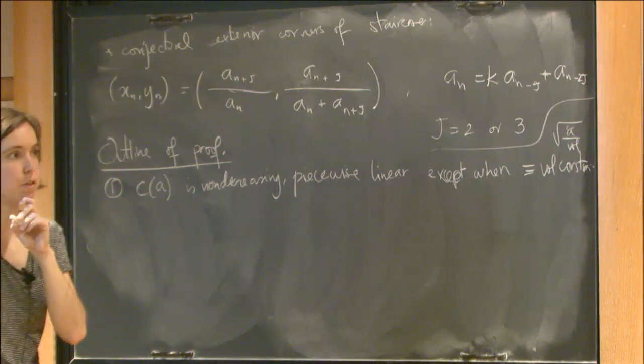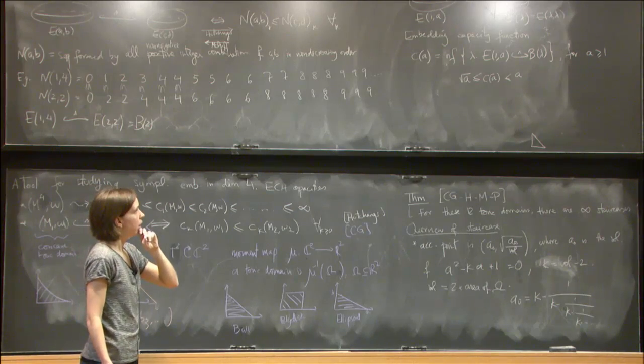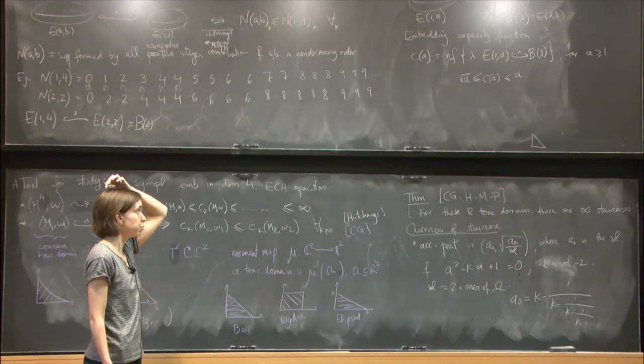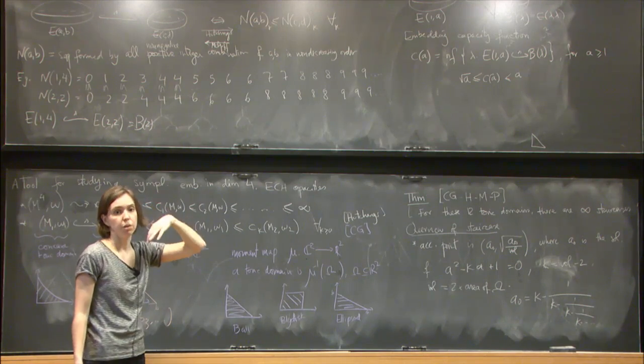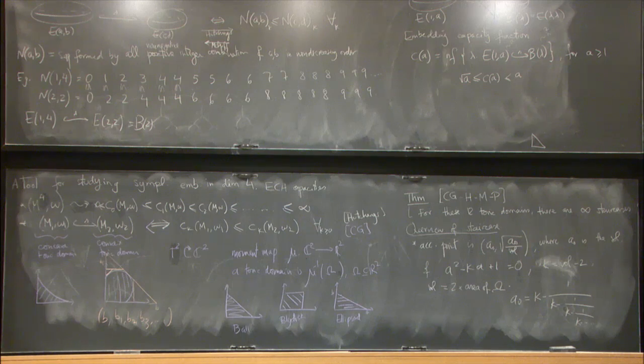But again, it involves writing C of A not as the definition, but an equivalent way is the supremum of some obstruction functions, and then either no obstruction function is at play, and then it's equal to the volume constraint, or if it isn't, each of these obstruction functions is linear, so they take turns seeing who's the obstruction in charge.